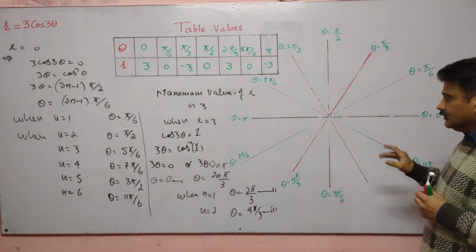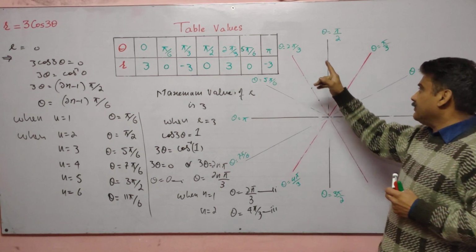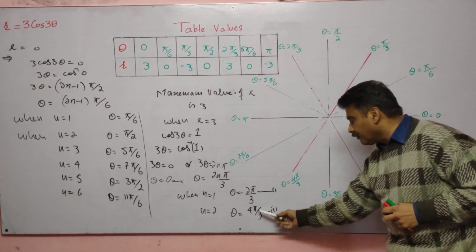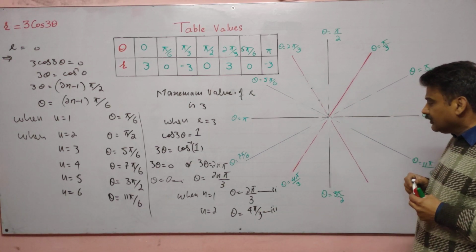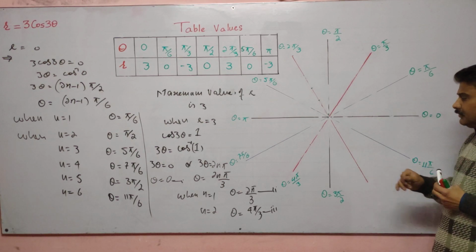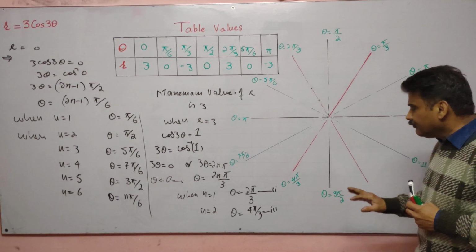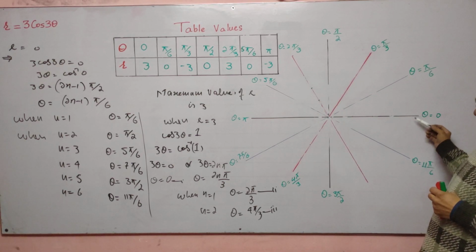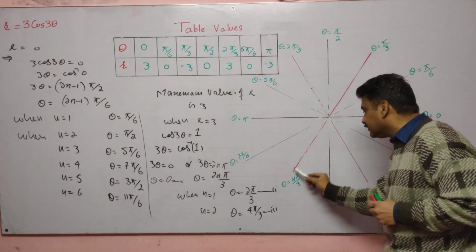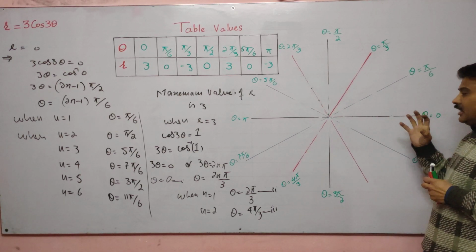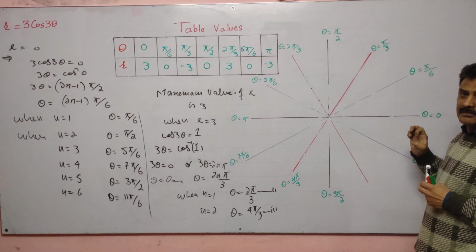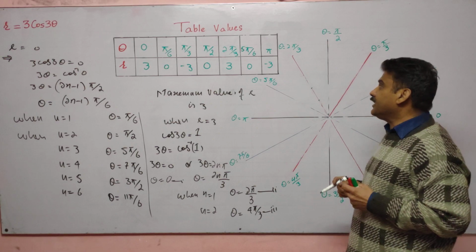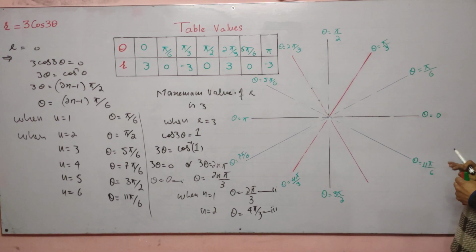On the second line θ = 2π/3, the maximum value of r is 3. The third line is θ = 4π/3, on which a loop of the curve is formed, and the value of r is maximum. These three lines, θ = 0, θ = 2π/3 and θ = 4π/3, are the lines on which the loops of the curve are formed. The maximum value of r is 3, so we take r = 3 on these lines.